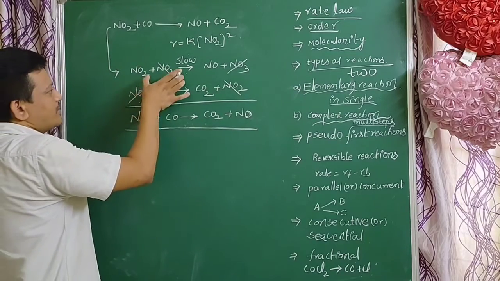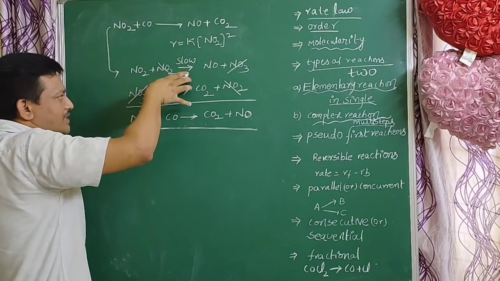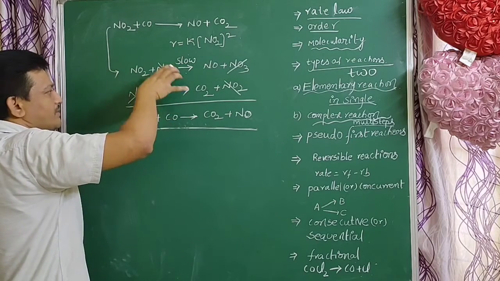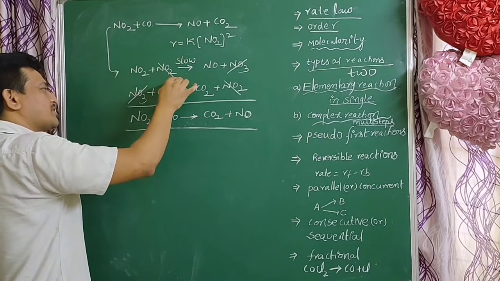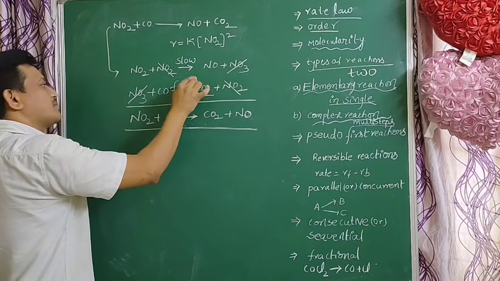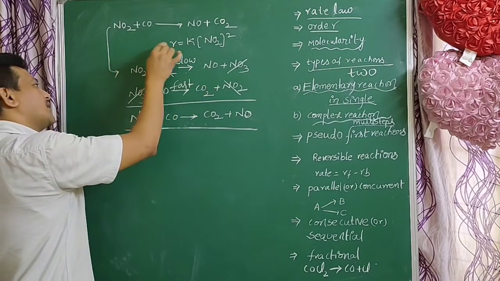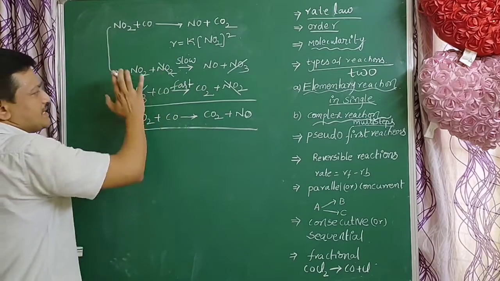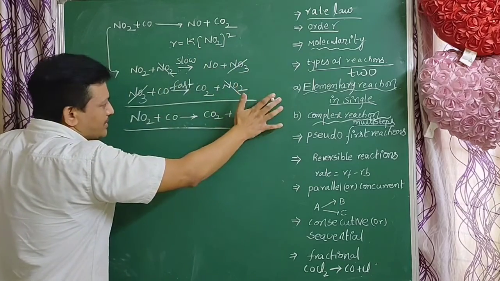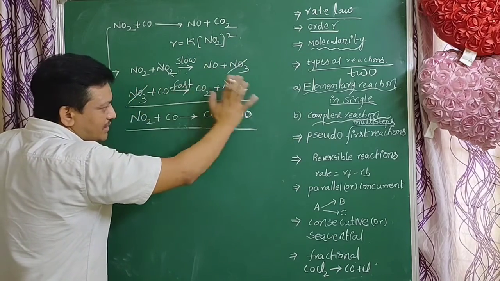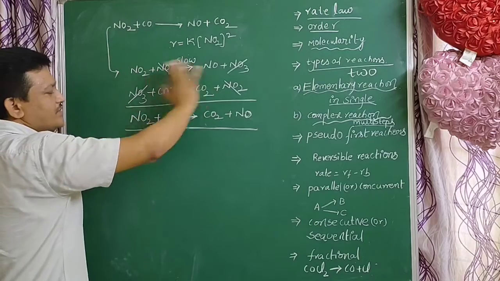Sometimes a mechanism is given, and to write the rate equation you have to select the slow step and write the rate for the slow step. This data is obtained experimentally; it cannot be said theoretically, by seeing the equation.